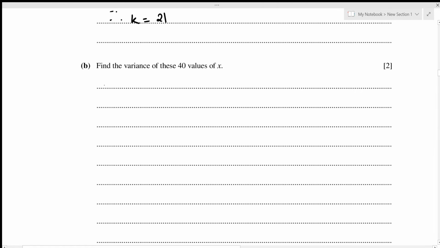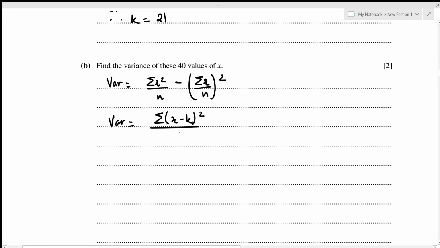Alright, we know that the formula for variance is summation x squared divided by the total samples minus summation x divided by n squared. So instead of using just the summation of x, we can also use summation x minus k squared divided by the total samples minus summation x minus k divided by the samples squared.